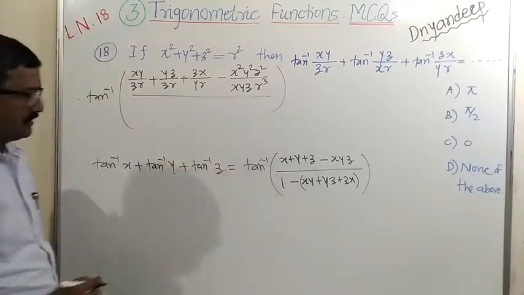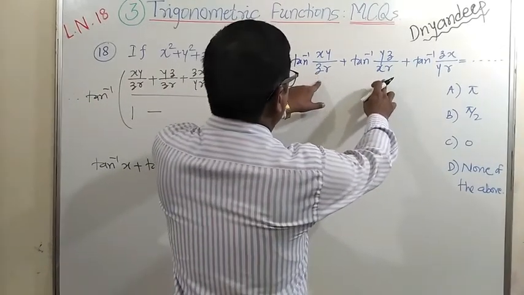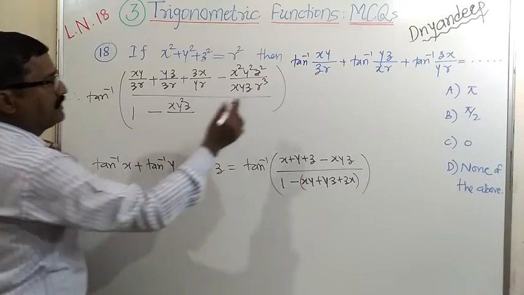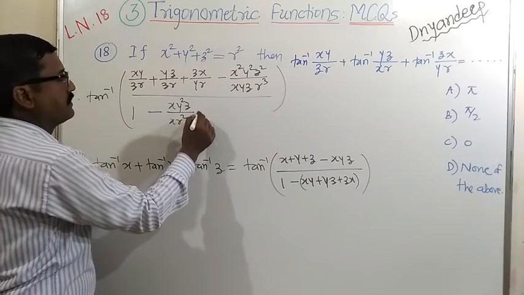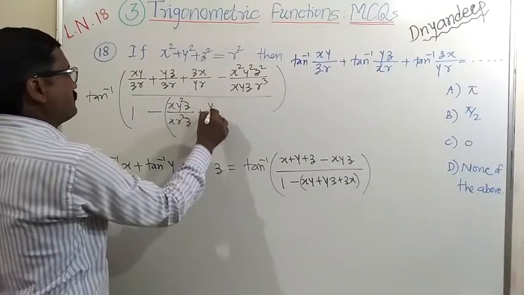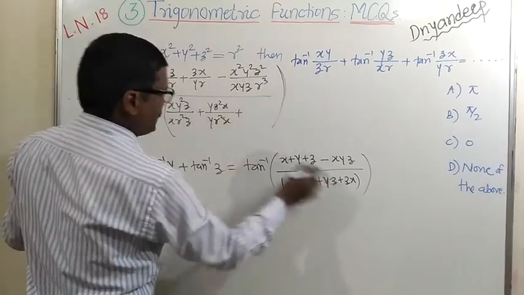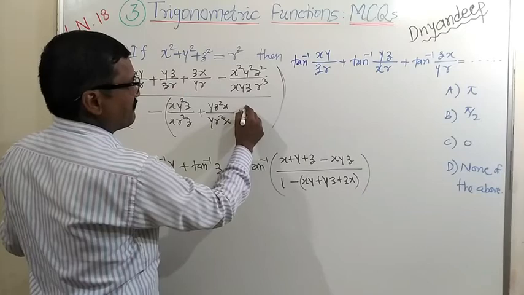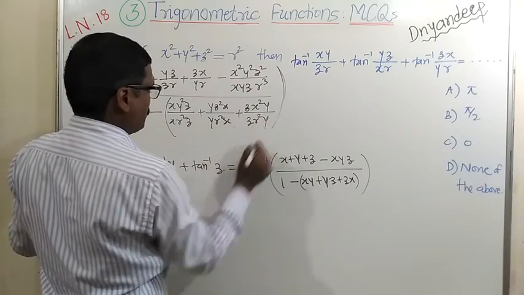Whole divided by this 1 minus. Now the product of the first two will be x y square z upon x z r square, that is x z r square, plus, the product of these two, yz, is y z square x upon y r square x, and the product of the last two, zx, is z x square y upon z r square y.